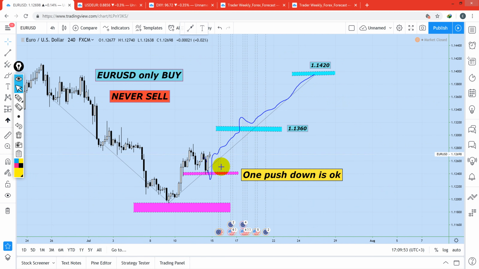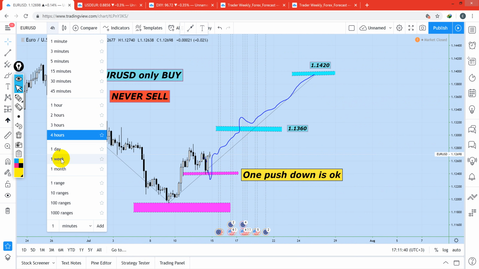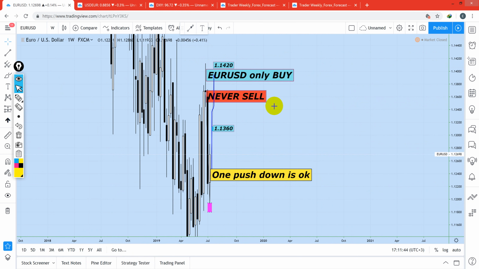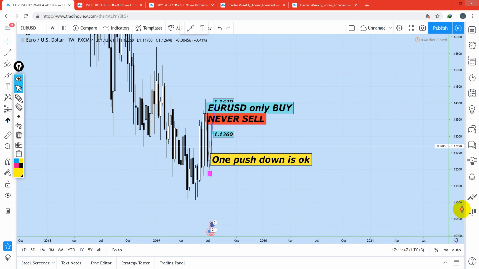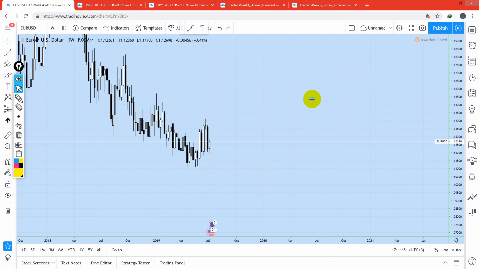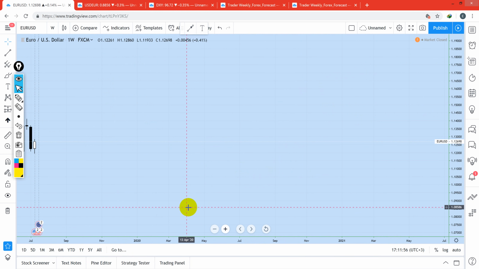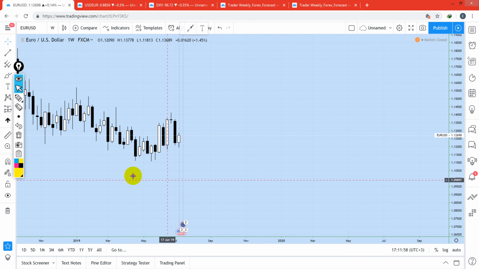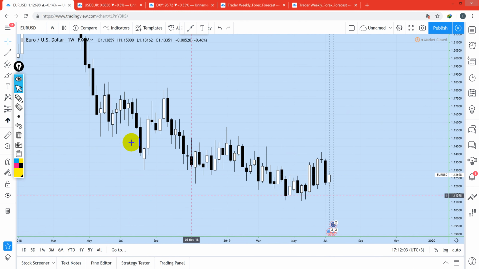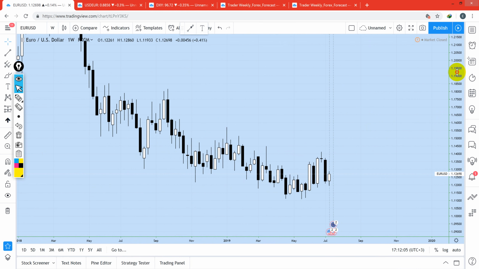So now we forecast this to go up. Let's check a bigger time frame. If we put this in the weekly, where are we going to go? We're just going to clean this. We just cleaned it. This is done. Now we're going up.